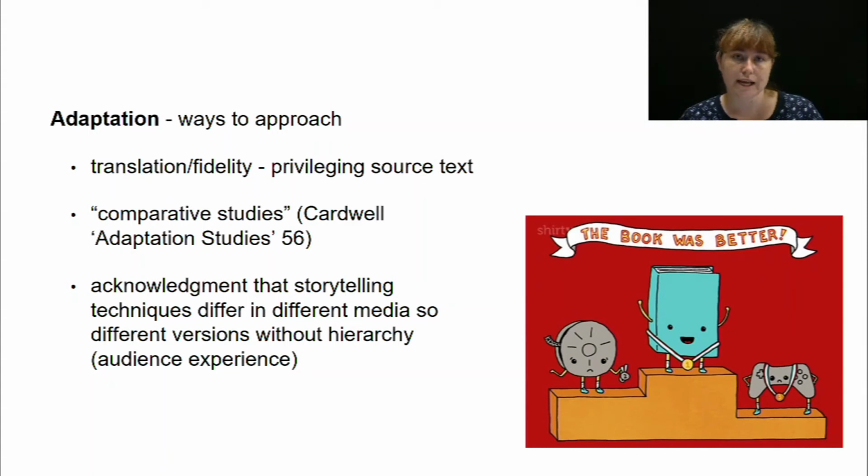This privileges the source text, the original, as the most important thing, and commends those texts that provide a mirror or some kind of essence of the original in the new text. There is the tradition of comparative studies, as exemplified by Cardwell, which put both side by side, so not so much privileging the original text, though some examples do, and try to distinguish what the differences are.